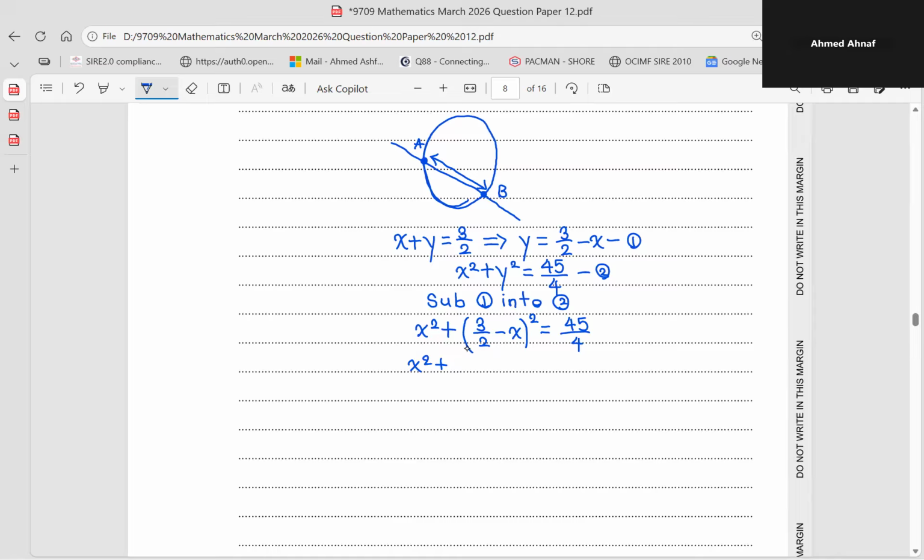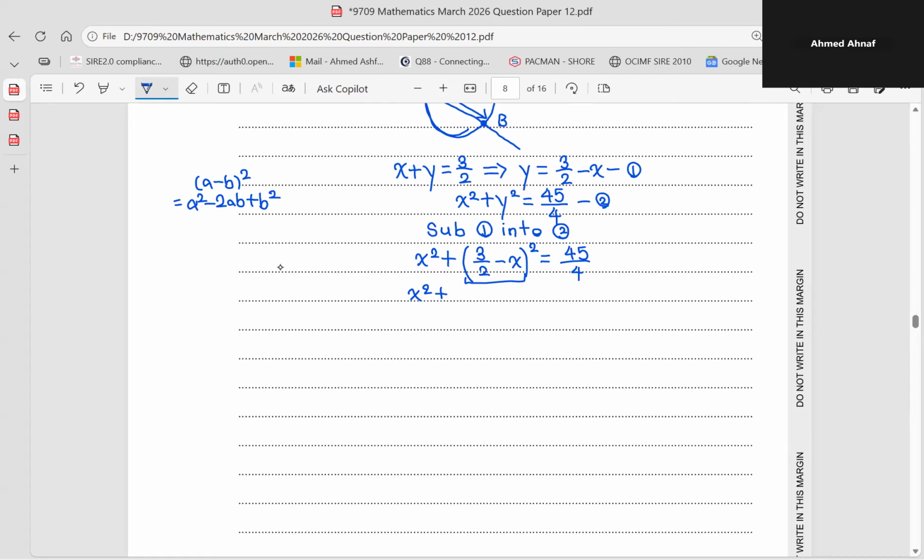To expand this, you just use the (a minus b) squared identity, which gives a squared minus 2ab plus b squared. So a squared is (3/2) squared, that is 9/4, minus 2 times a, 3/2, times b, x, plus x squared, equals 45/4.